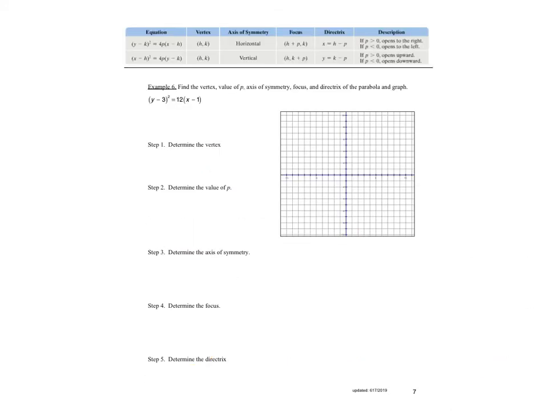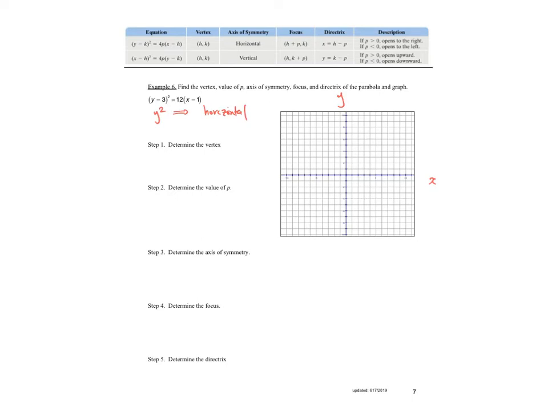Let's see another example together. We've summarized in a little table here the standard form for a horizontal or a vertical parabola, just to refer back to. So for this equation, notice, because the square is on the y term, we'll have a horizontal parabola.